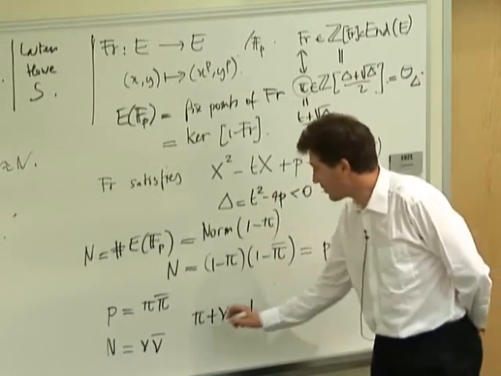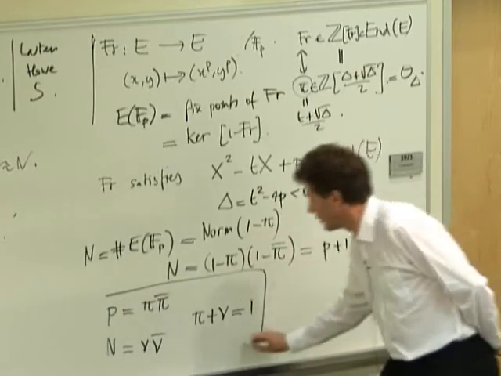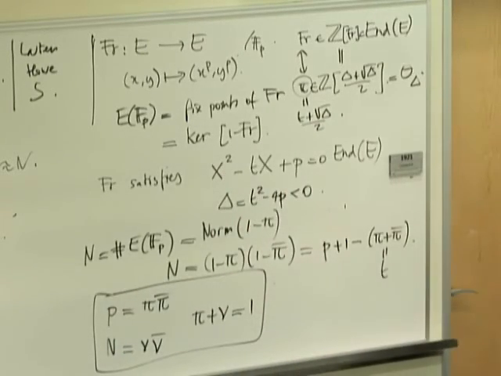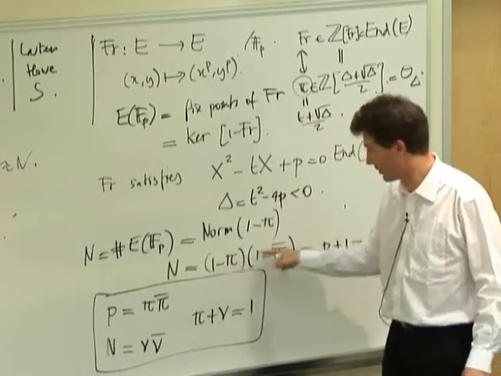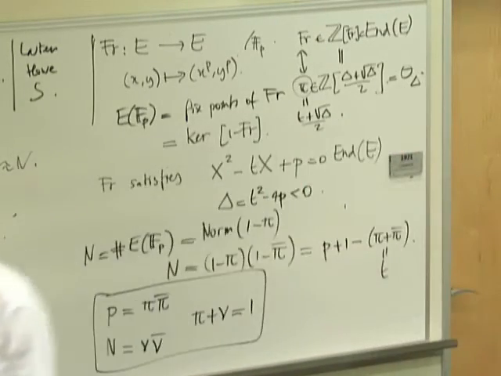So that's completely symmetric in p and n. Here I'm just writing that nu is in fact 1 minus pi, and that's the identity. Okay, so much for point counting.